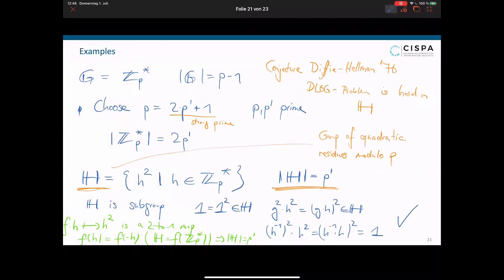So for these groups, attacks were found that were better than what people originally conjectured. In fact, people have found so-called sub-exponential attacks. In the beginning, people conjectured that it would take exponential time to compute a discrete logarithm, but then over the years, sub-exponential algorithms were found.